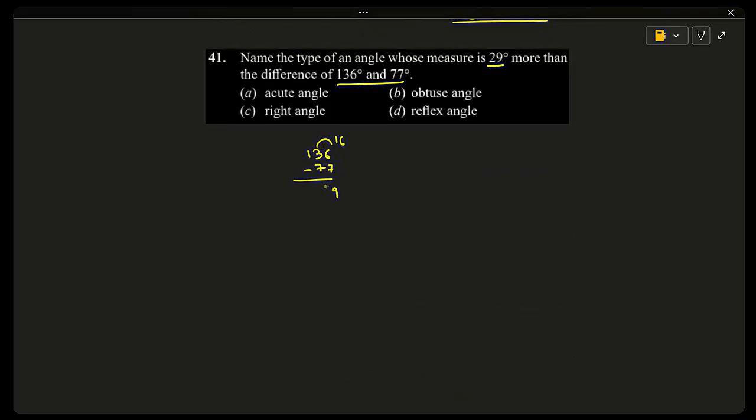So 12 minus 7 is going to be 5. 59 is the difference. And they said 29 more than that. So 29 and 59 we need to add. So we'll be getting 88. Okay. So 88 degrees, which type of angle? It is between 0 and 90. An angle which is lying between 0 and 90, we call it acute angle. Okay. So that is answer A.